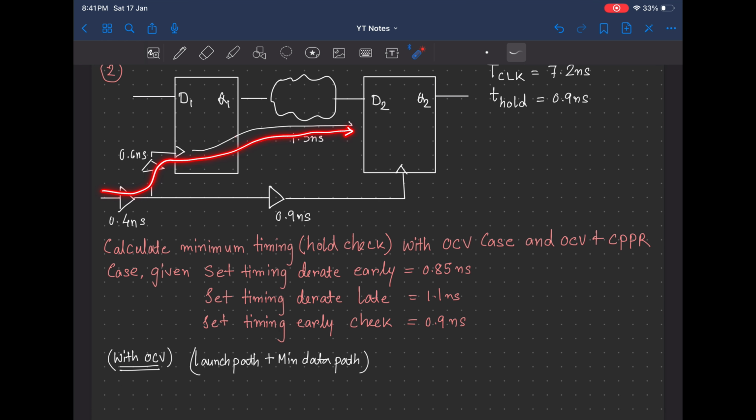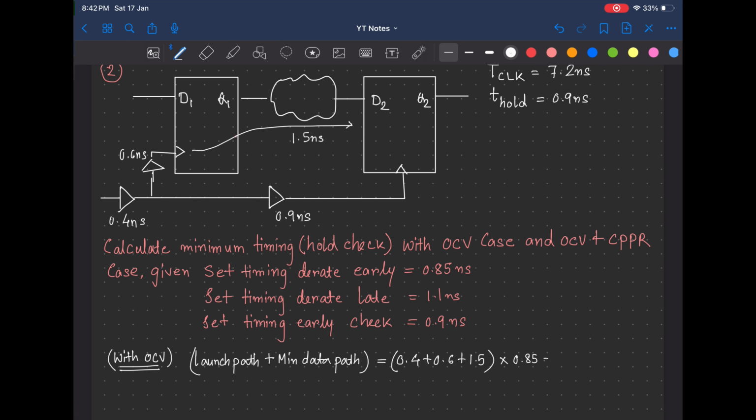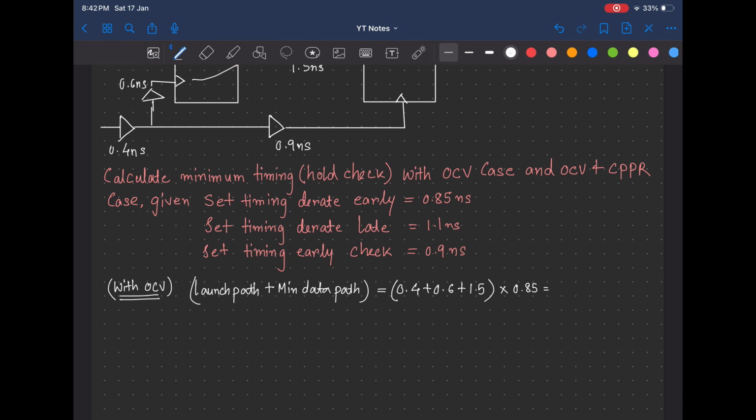So it is 0.4 plus 0.6 plus 1.5, multiplied by the early derate of 0.85 nanosecond, which is already given. How much is it coming to? 2.125.